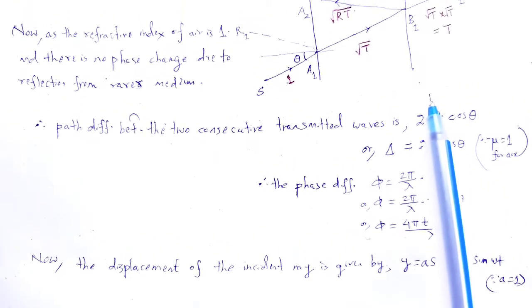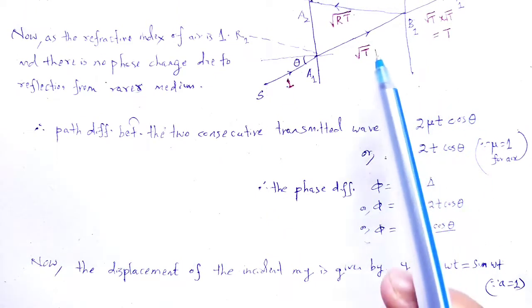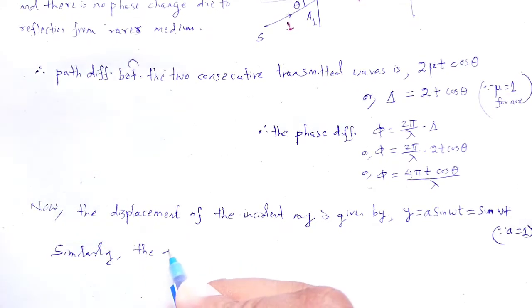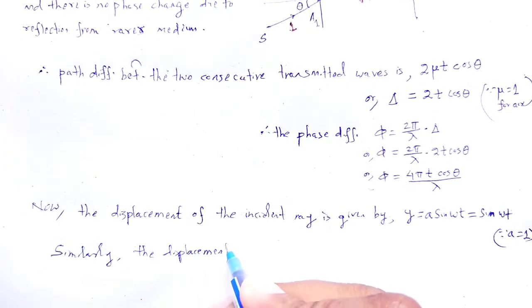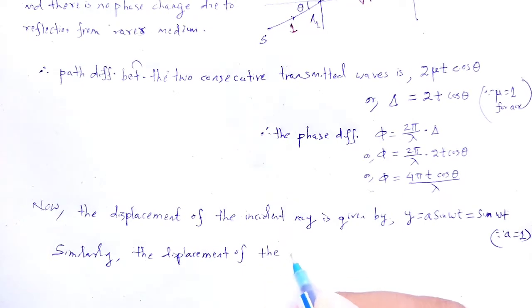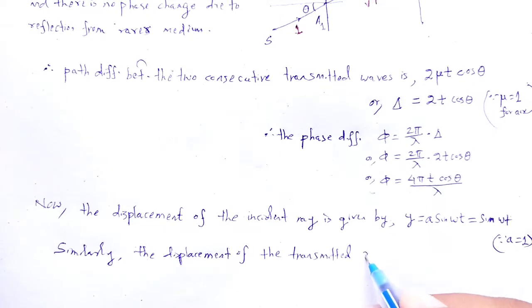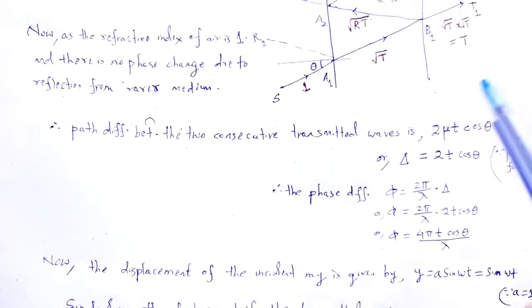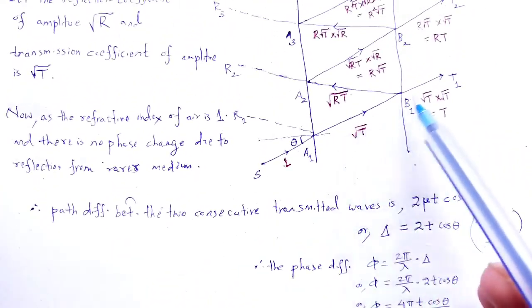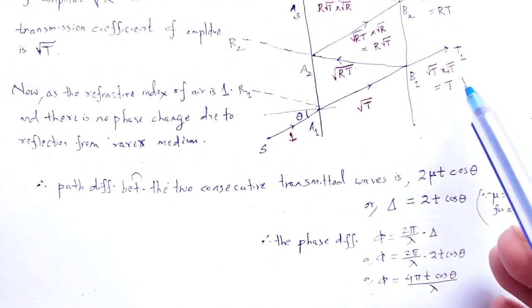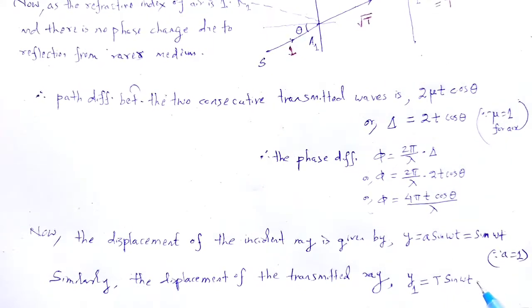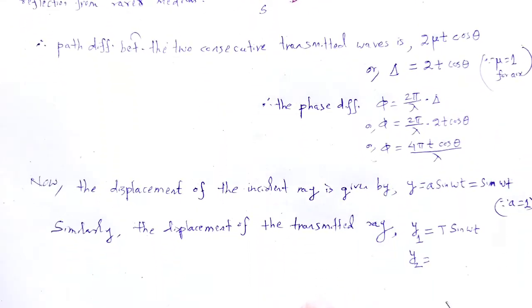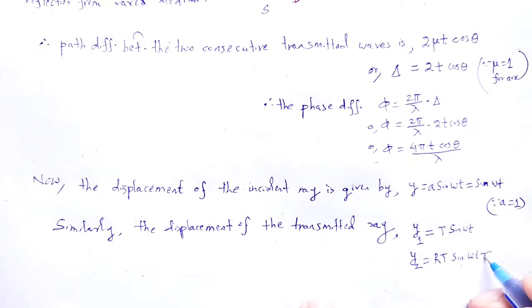Similarly, the displacement of the transmitted ray: here y1 has amplitude t, sin omega t; y2 has amplitude rt and phase omega t minus phi.